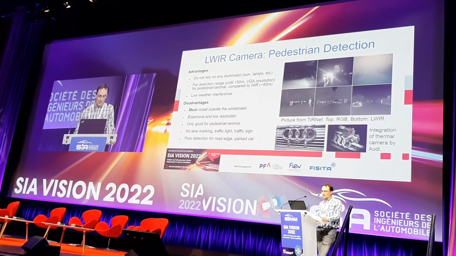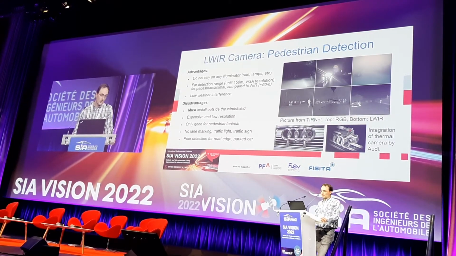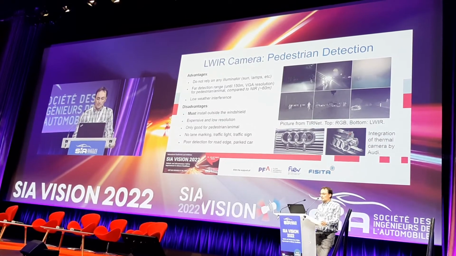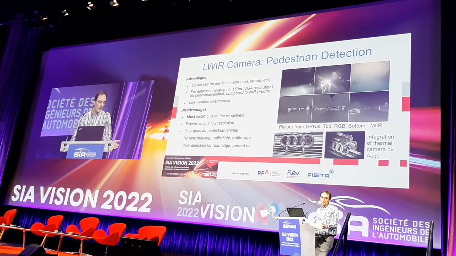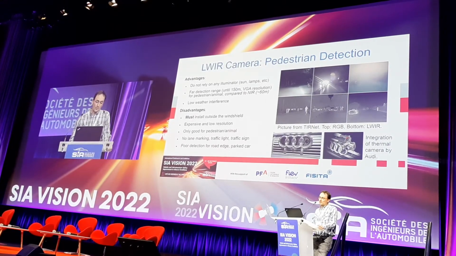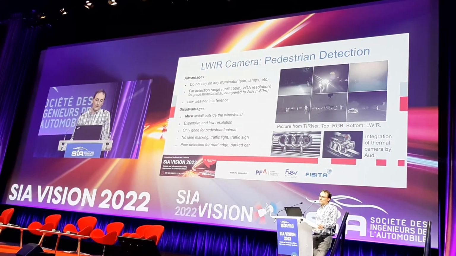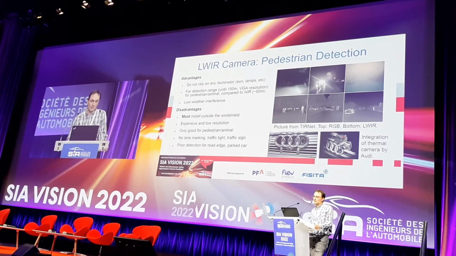But it's still expensive compared to the other cameras. And in fact, we see very well the warm bodies, such as pedestrians and animals. So it is perfect for these applications, but not good, for example, to detect traffic signs, lane markings, etc. We will not see them in the thermal modality.